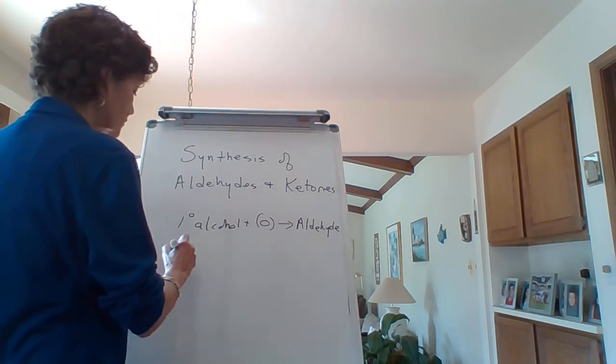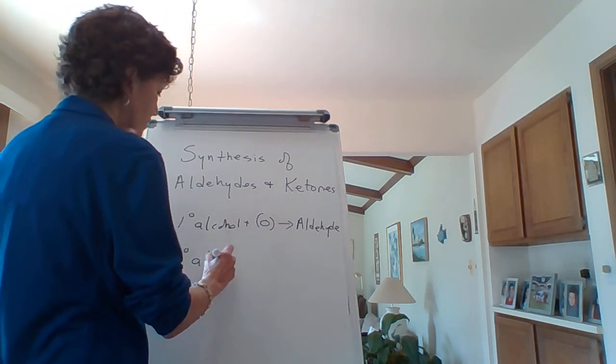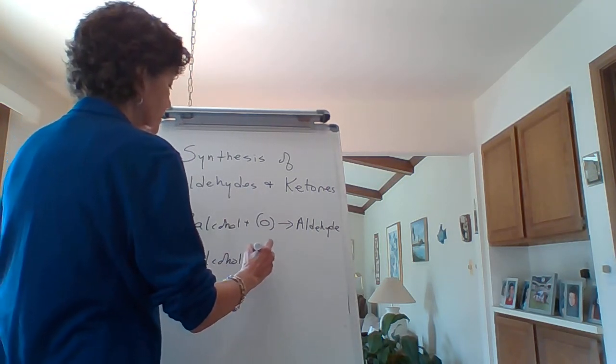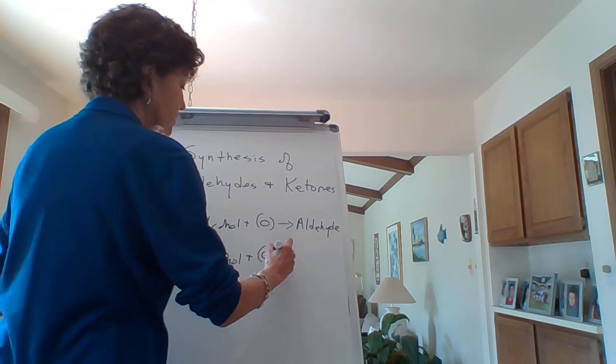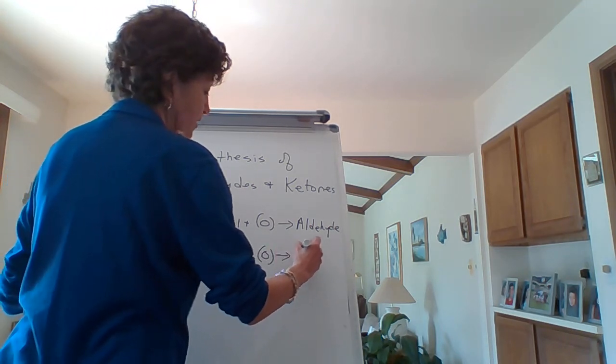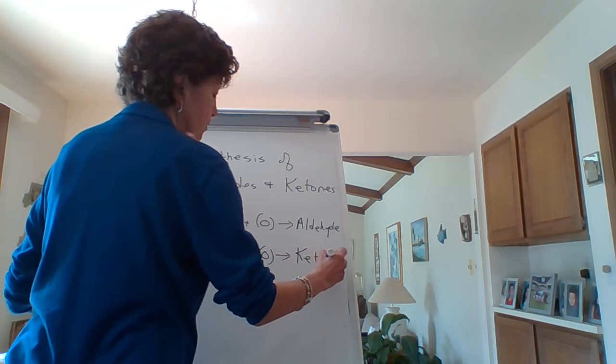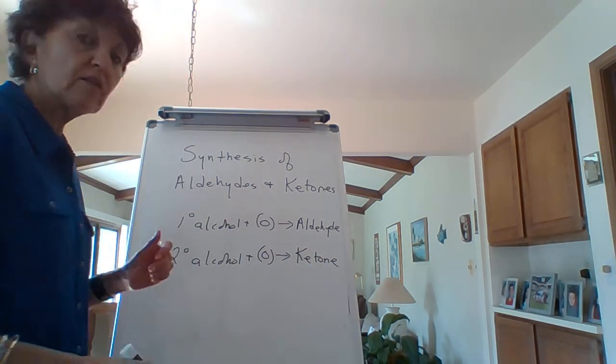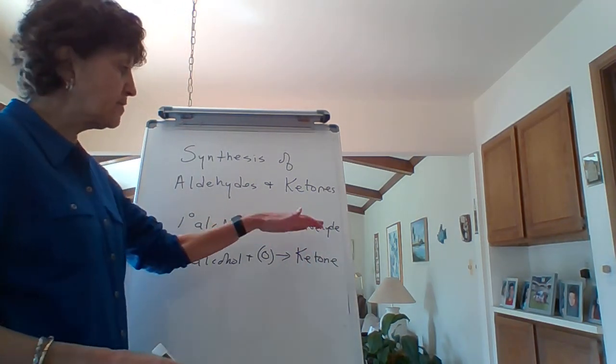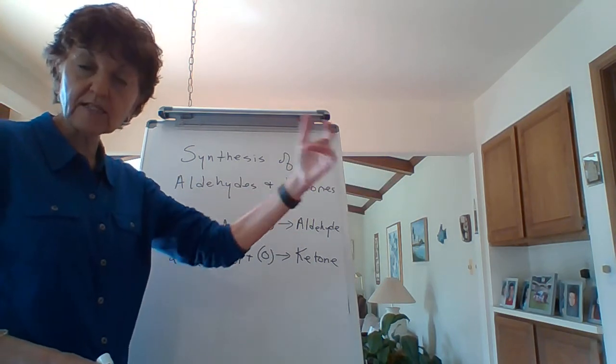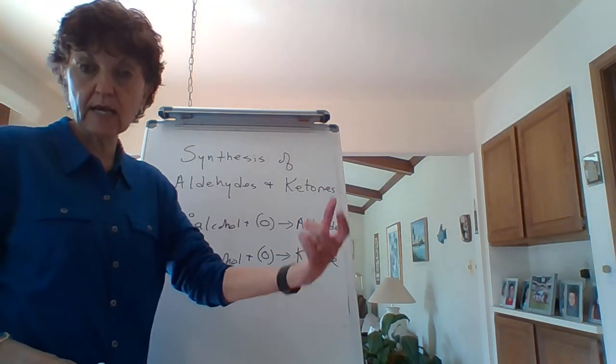If you start off with a secondary alcohol and throw in an oxidizing agent, you will turn that secondary alcohol into a ketone. Now, in the next chapter, we learn that aldehydes can be further oxidized and turned into carboxylic acids.